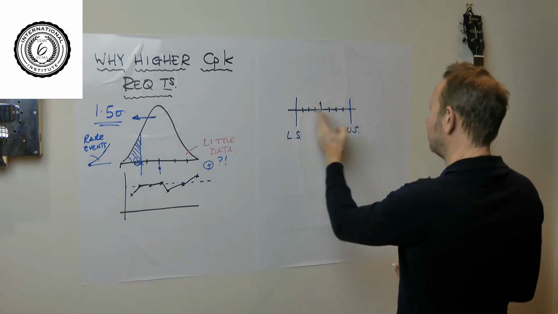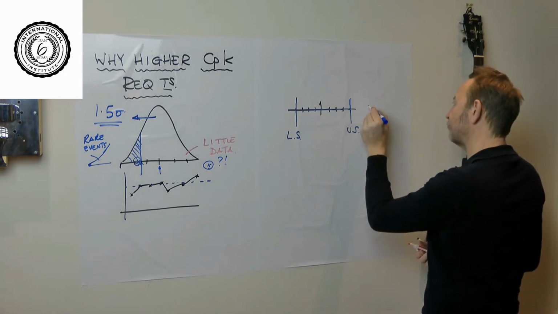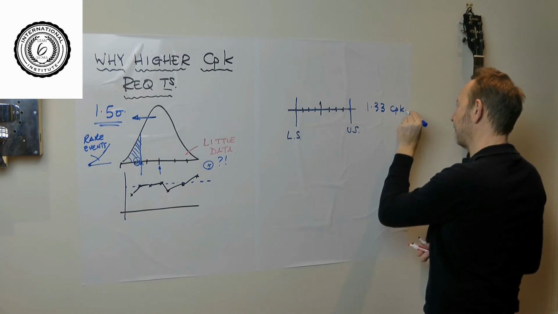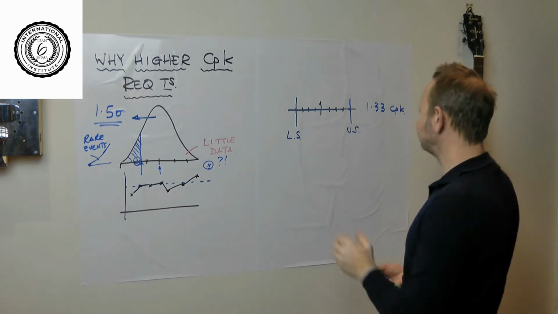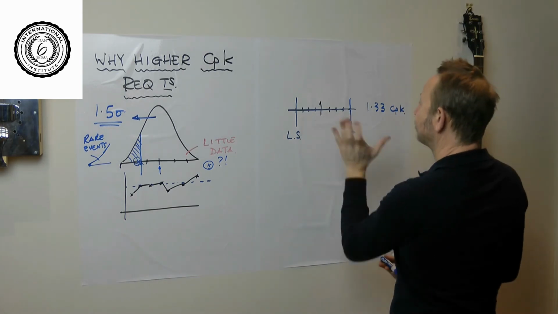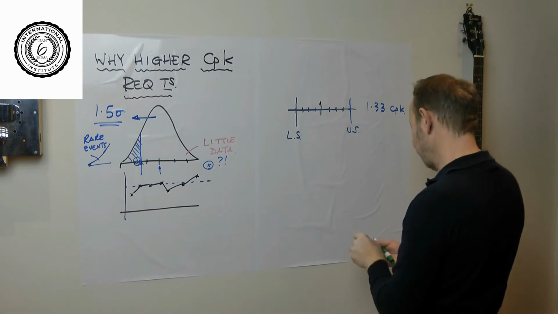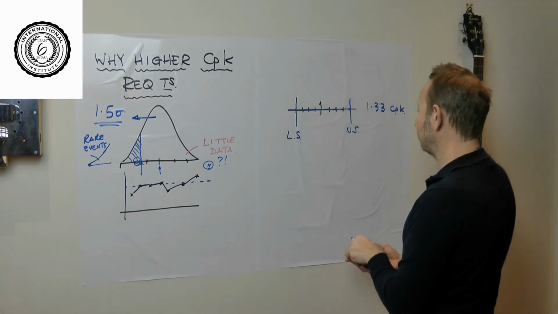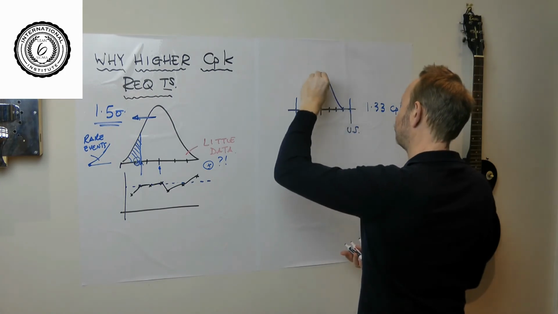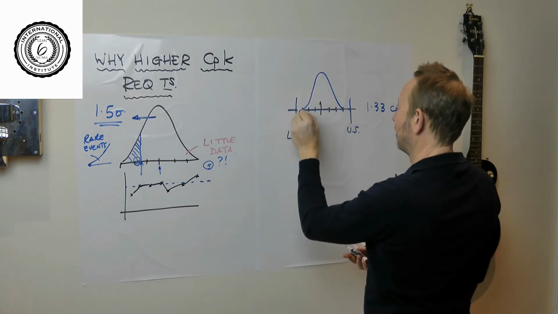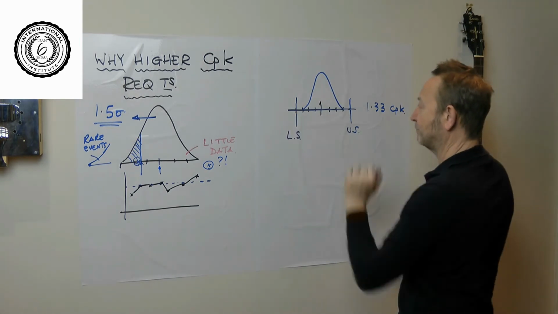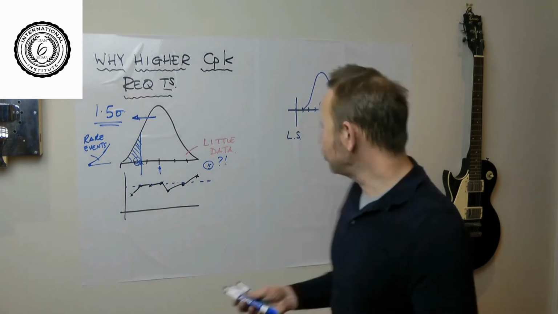And this is a 1.33 CPK. And what that means is it contains 4 standard deviations. So let's draw a distribution in there. The distribution, of course, would cover plus or minus 3, and there would be a standard deviation spare here. Now this is the 1.33.